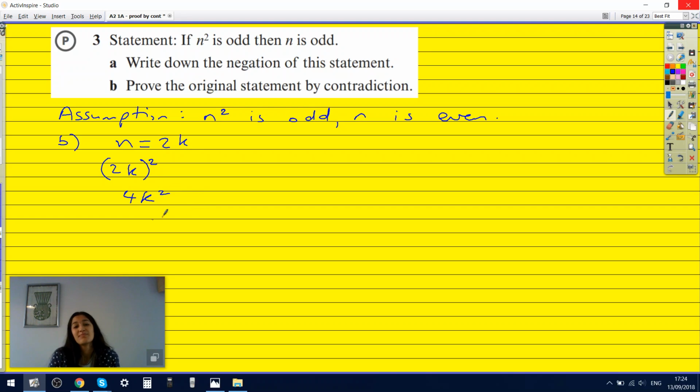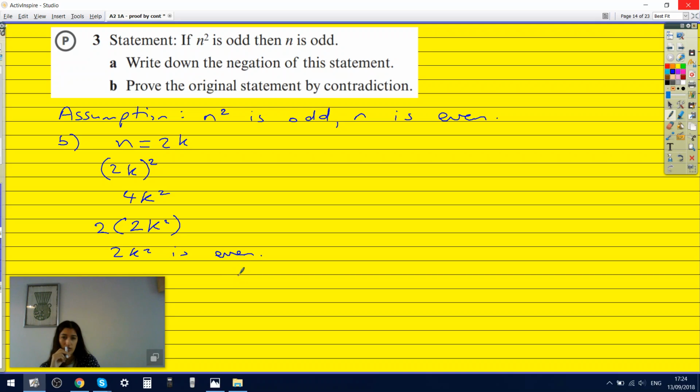What could you factorize for that? 2. Yeah. So it's a multiple of 2, which makes it even. So 2k squared is even.